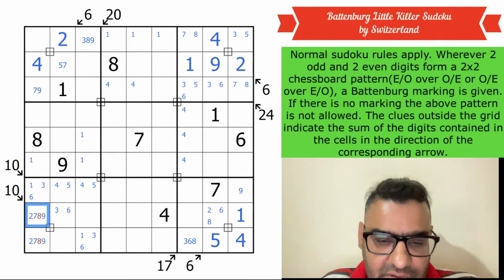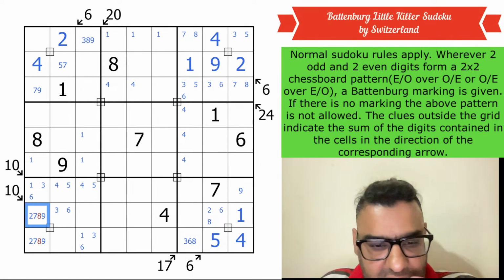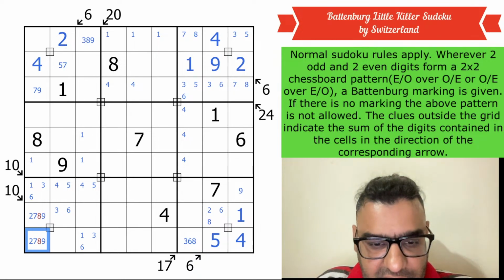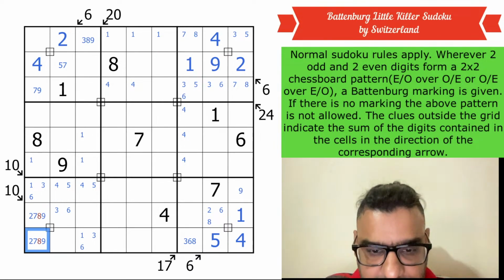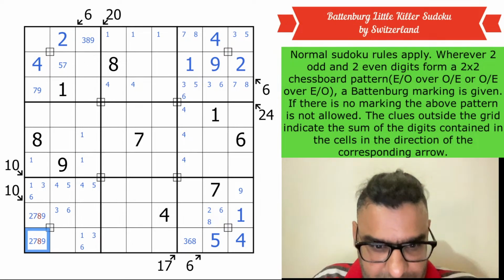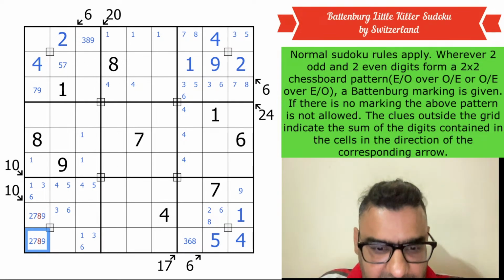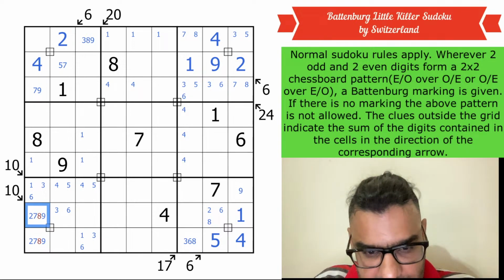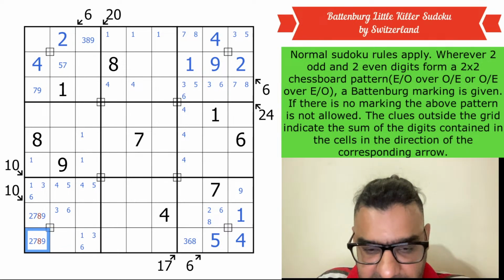So now we know this is going to be 2, 7, 8, and 9. If 1 is not there, then 9 cannot be there.